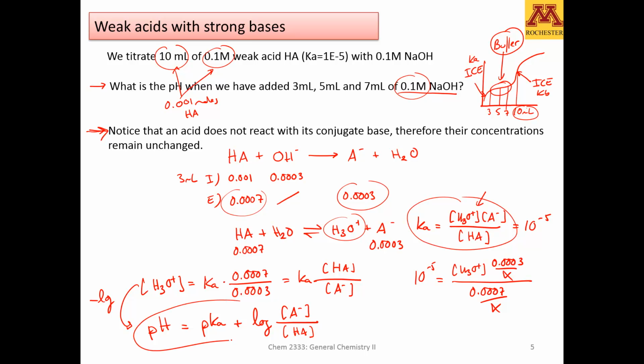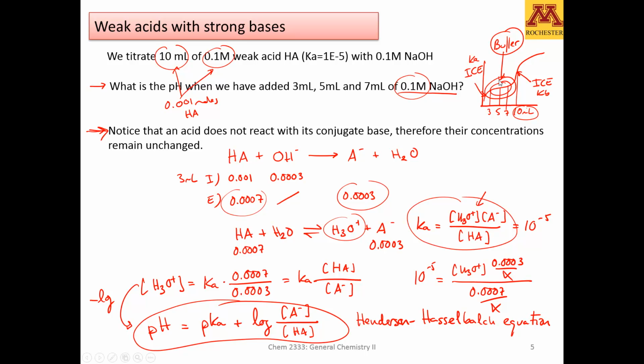This logarithmic form of Ka is called the Henderson-Hasselbalch equation, and it gives you the pH in the buffer area.